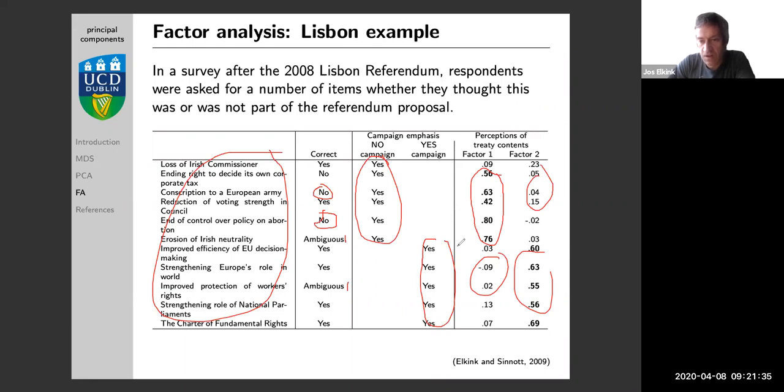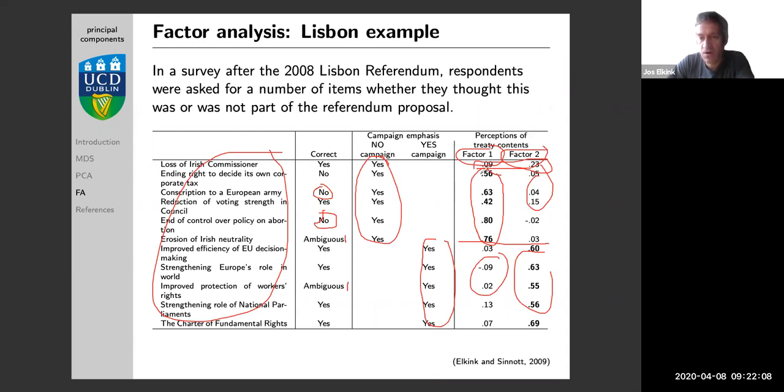And so what we found interesting, and what our paper is about, is that these two factors really separate the two campaigns. So this is really the no campaign scores, and these really capture the yes campaign scores. Except for the loss of Irish commissioner, where the two really did not distinguish. So we were able to conclude something about how the perceptions by voters of what is in the treaty was strongly influenced by one or the other campaign.